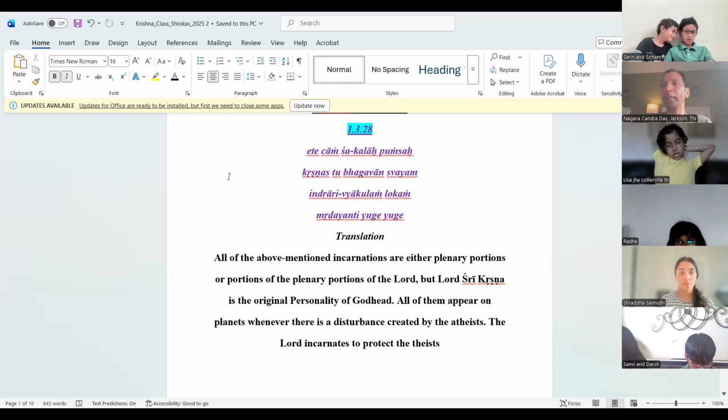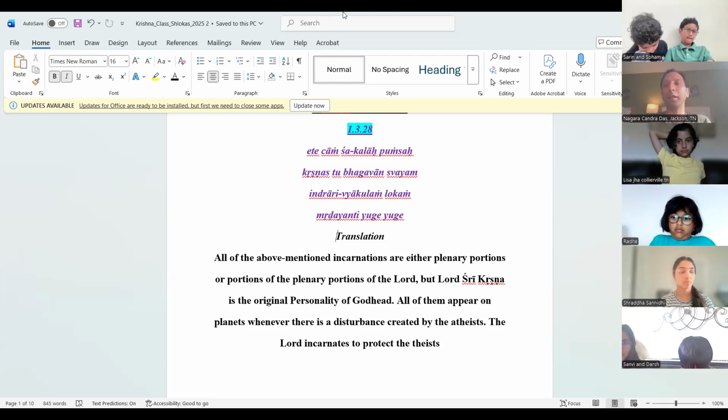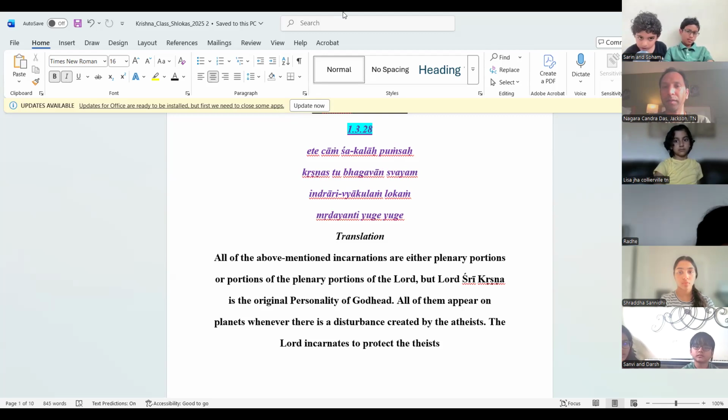Does anyone know an example of something like a hidden or a part incarnation? Like, does anyone know who's the literary incarnation of the Lord? Radhe? Vishnu. No. So Lord Vishnu is one of the incarnations. Yes.